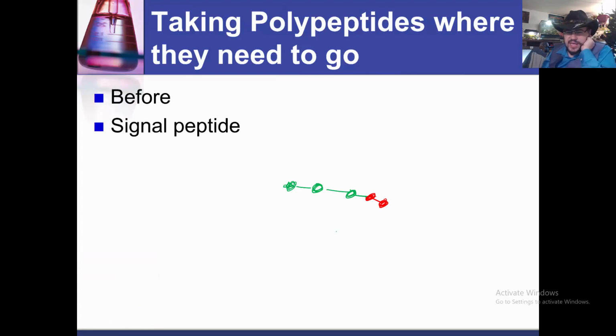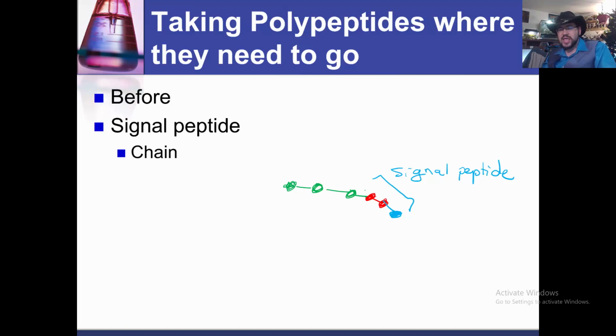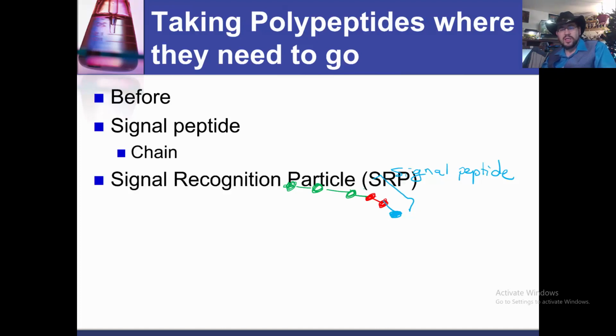And that signal peptide tells the cell where to go, or tells the cell where to put this. So this is my signal peptide. It's literally just a specific sequence of amino acids that's a signal. And the whole chain, once that signal is exposed, is grabbed, ribosome, tRNA, growing chain, and all. It's grabbed by a signal recognition particle and taken to its ultimate location.